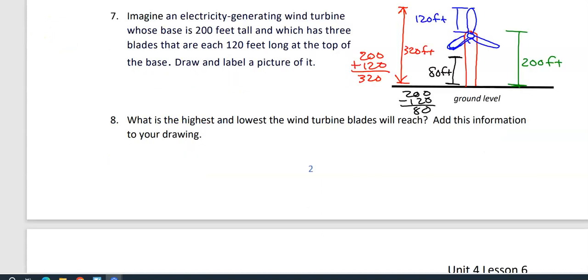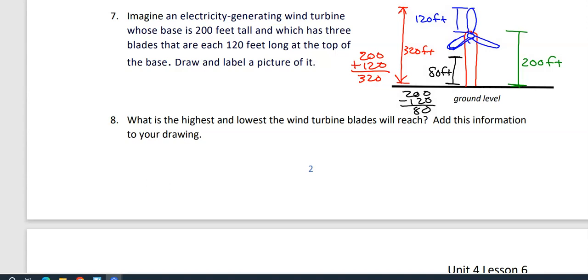So for problems 7 and 8, you have a wind turbine. The height of it is 200 feet, and the blades reach 120 feet from that pivot point. So the tallest it can be is 320 feet, which is 200 plus the 120 feet for the blade.